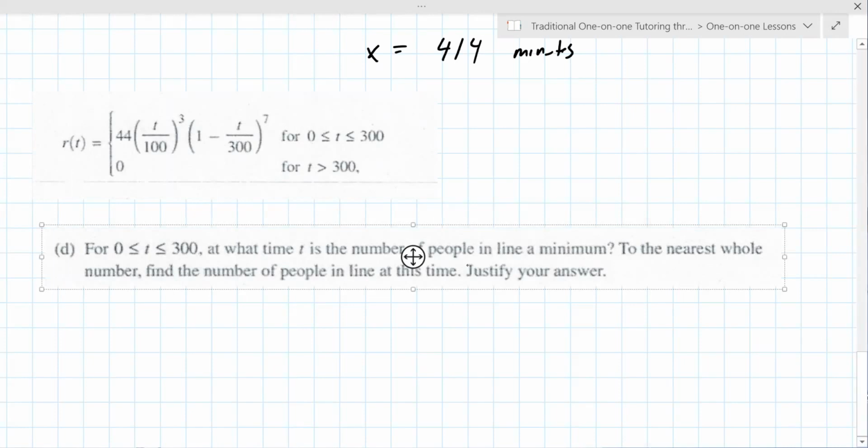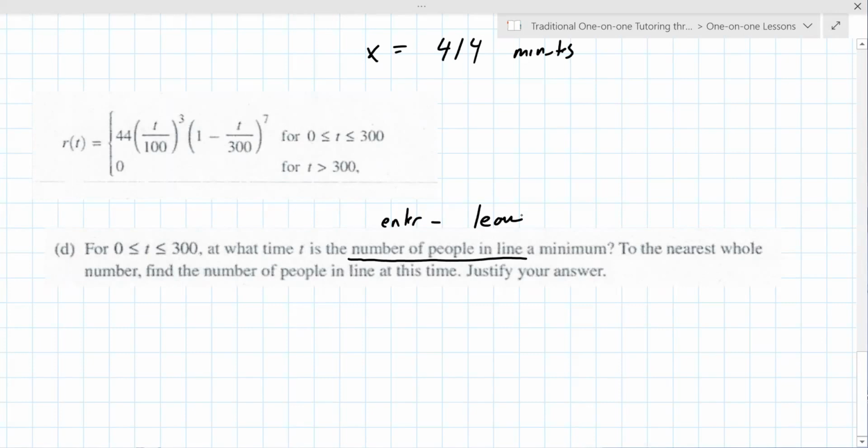This is actually kind of interesting because the number of people in line takes into account both those entering minus those leaving. No, that's not true. The number of people in line is just those entering. So it's just this.